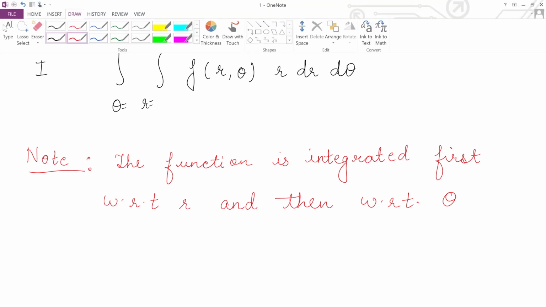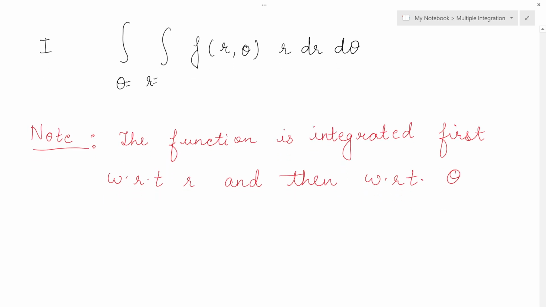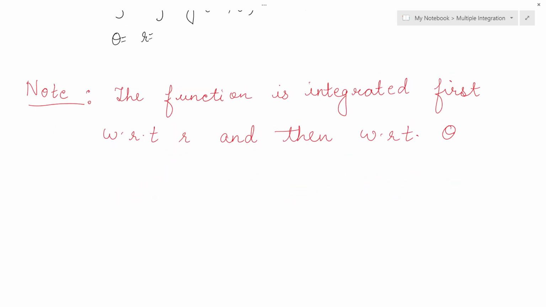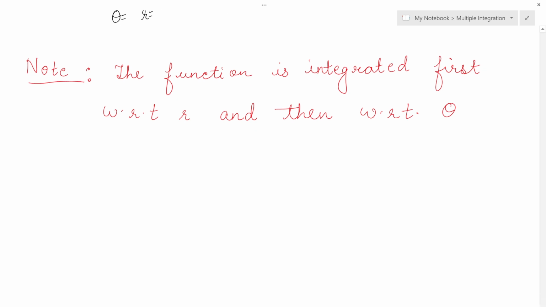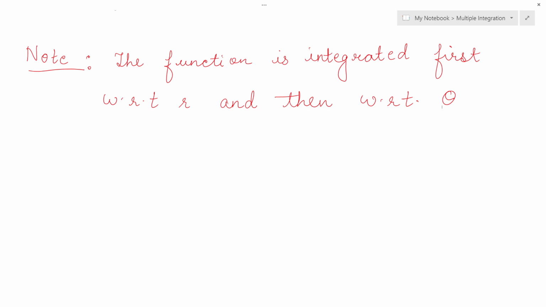So these are some basics of your polar integration. Now the limits of polar integrals are usually found out by substitution, but it will always be a tedious job. Sometimes you may get a circle, sometimes a semicircle, sometimes a cardioid, as you have studied cardioid in your curve tracing unit.